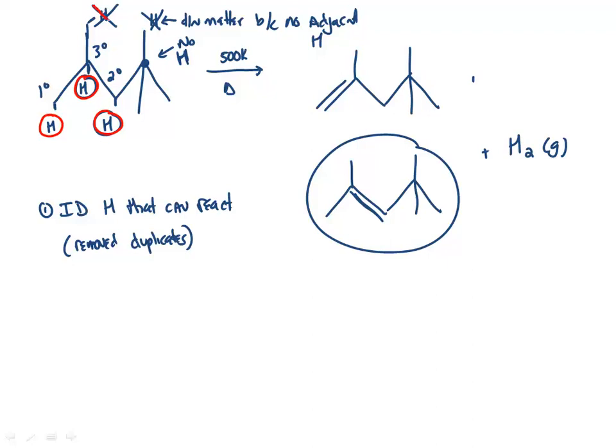And then I said that that hydrogen is a duplicate of the first hydrogen. And then we said that there are no hydrogens here, so those don't react. Right there, the big red dot. And then we said that even though there are hydrogens on the ends here, since they're not adjacent to another hydrogen, we can't remove them, because we can only form carbon-carbon double bonds between adjacent atoms.